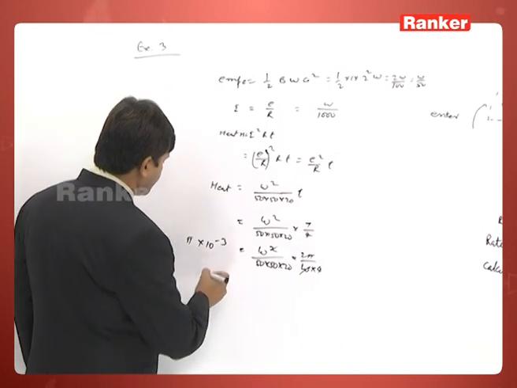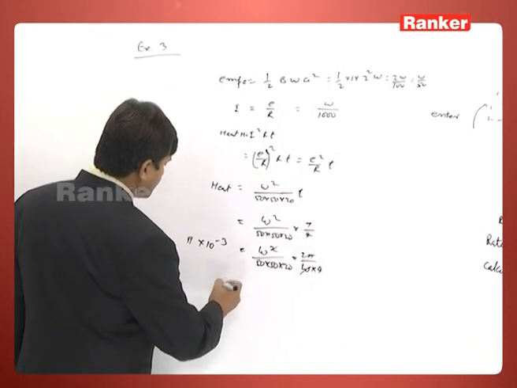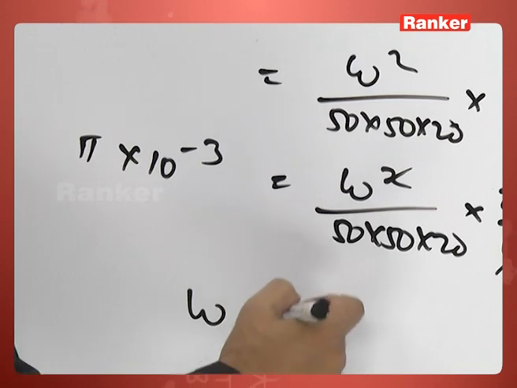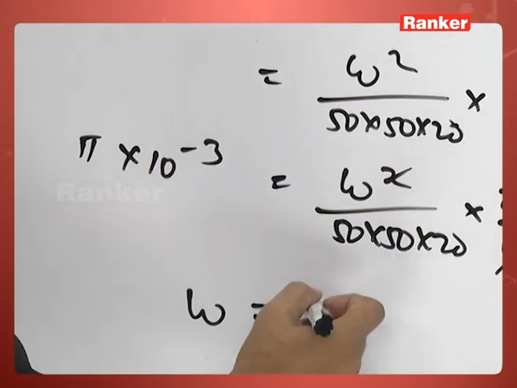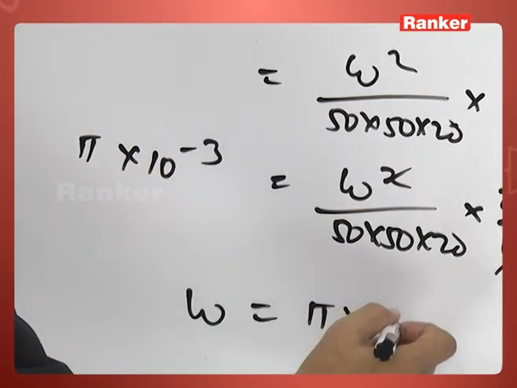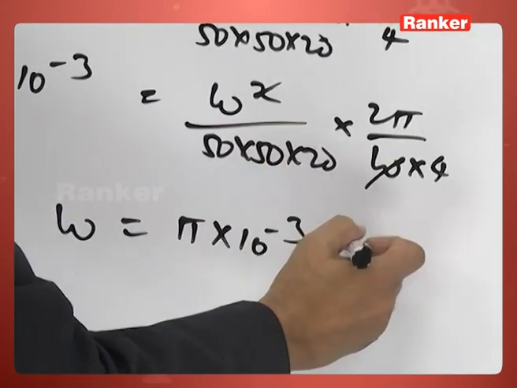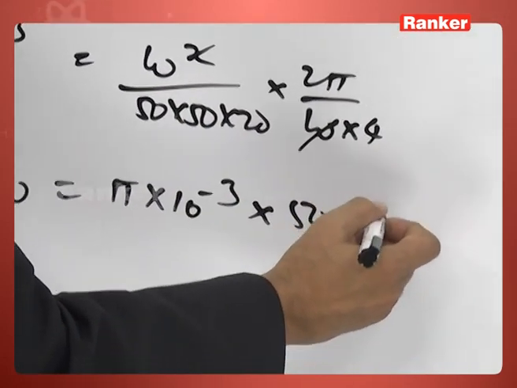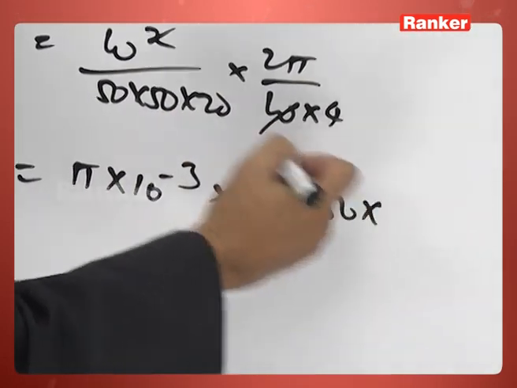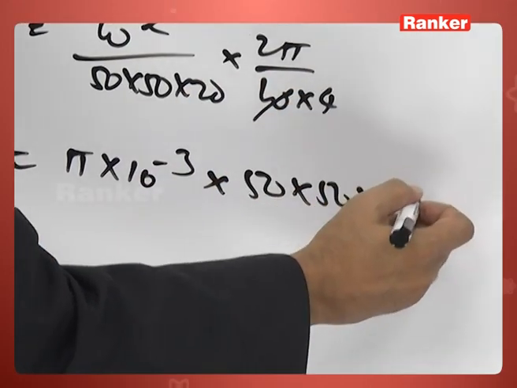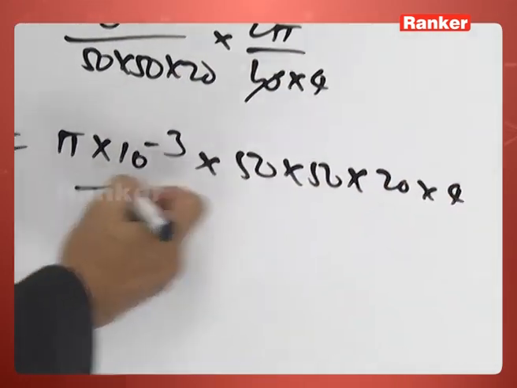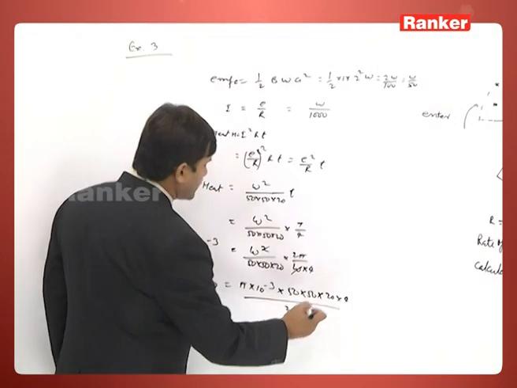Now simplify. So omega is equal to pi into 10 power minus 3 into 50 into 50 into 20 into 4 by 2 pi.